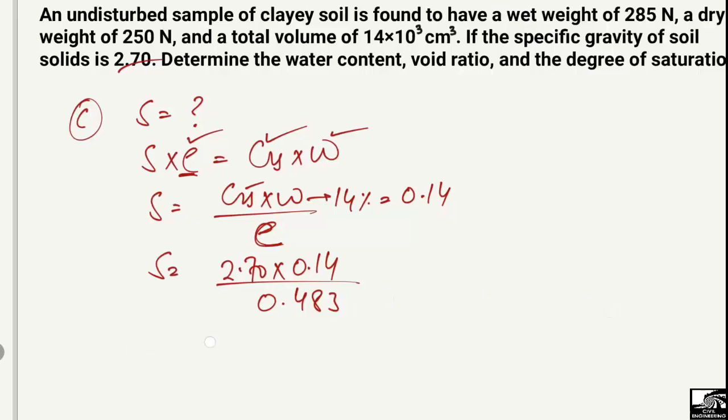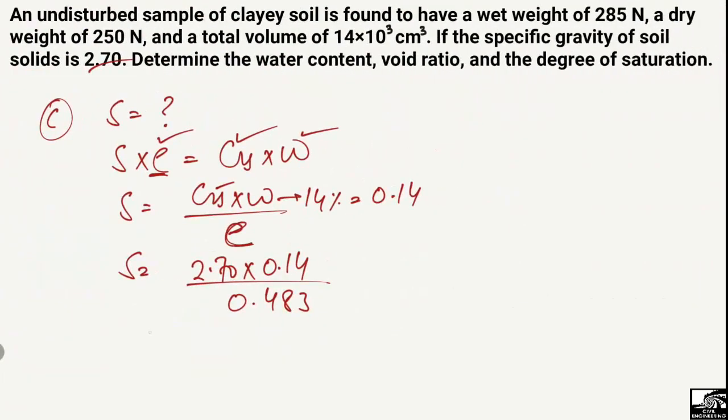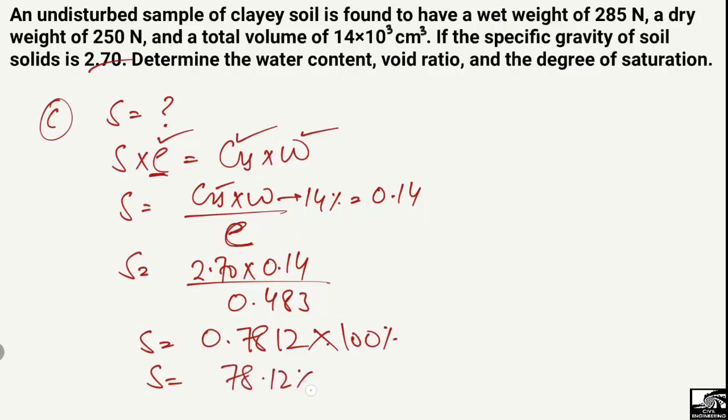So the degree of saturation comes out to be 0.7812, or in percentage, if you multiply by 100, we get 78.12% as the degree of saturation for our soil sample.